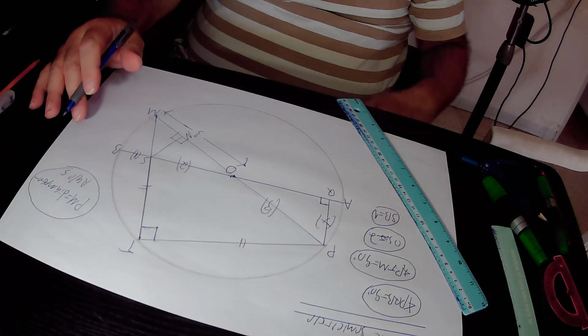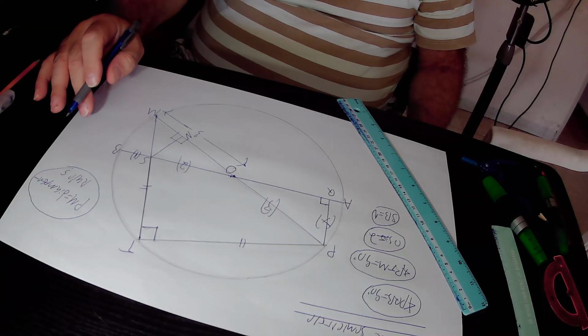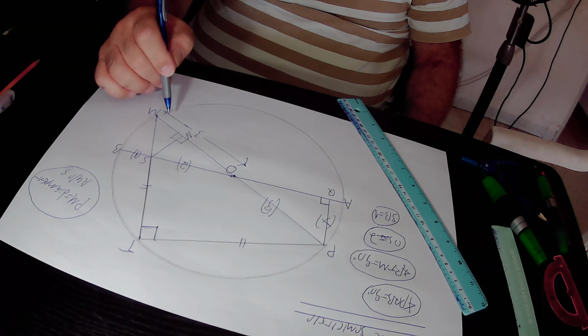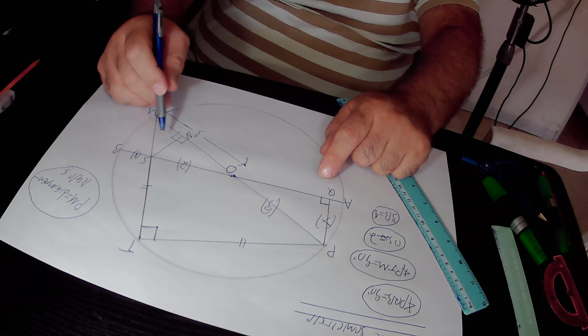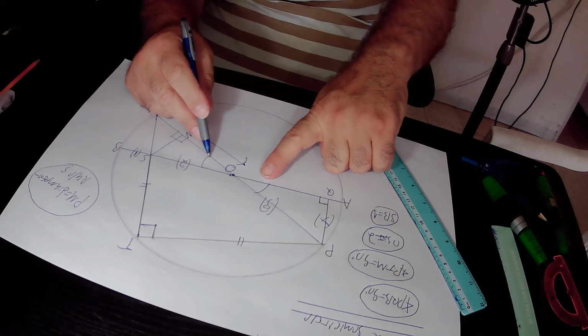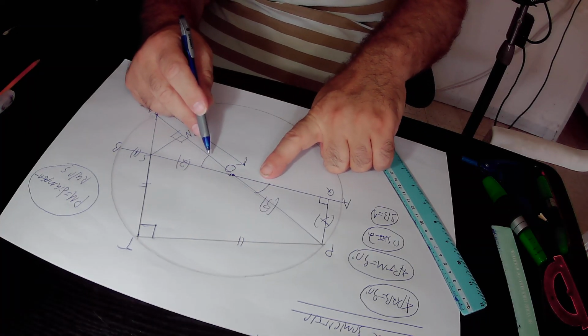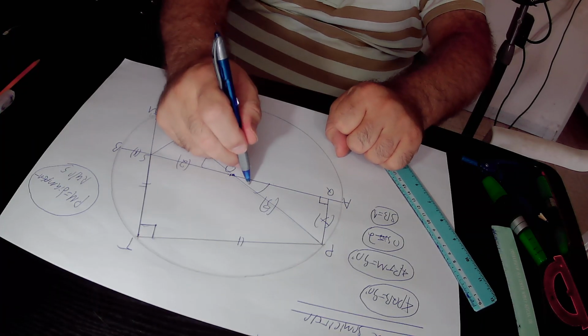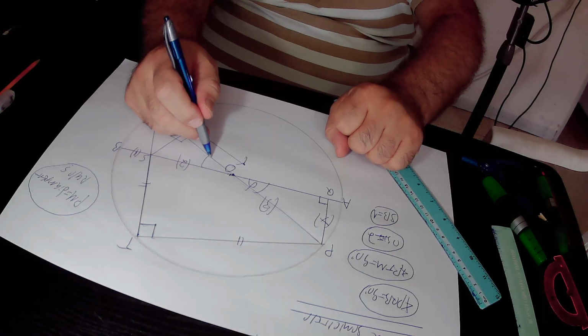By doing this construction, we get the small right triangle ONS. Those two angles are defined as vertical angles, and you know that vertical angles are equal to each other. So if we define the size of this angle as alpha, then the size of this angle must also be equal to alpha.